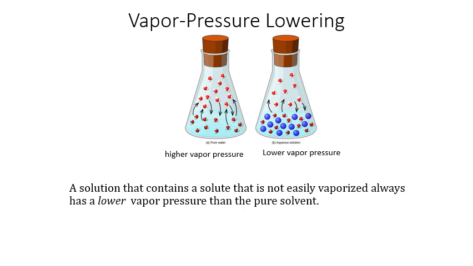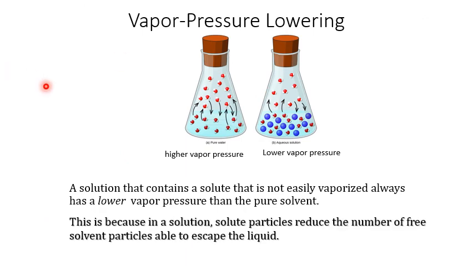A solution that contains a solute that is not easily vaporized will have a lower vapor pressure than the pure solvent. The reason is that in the pure solvent, we can see all water molecules on the surface, whereas in the solution, we can see some solute particles on the surface as well.